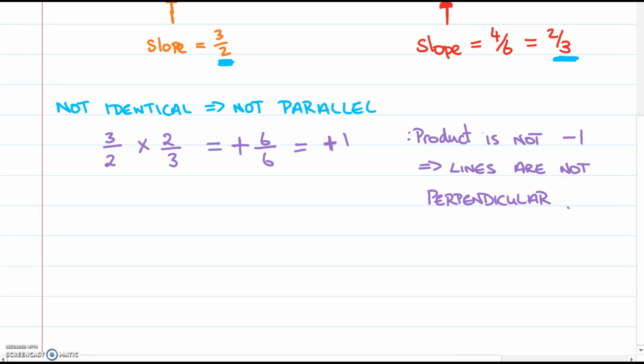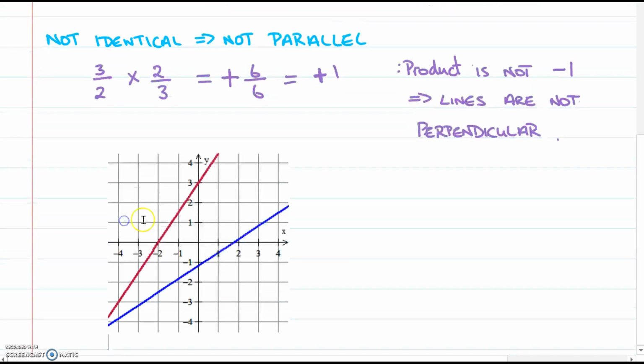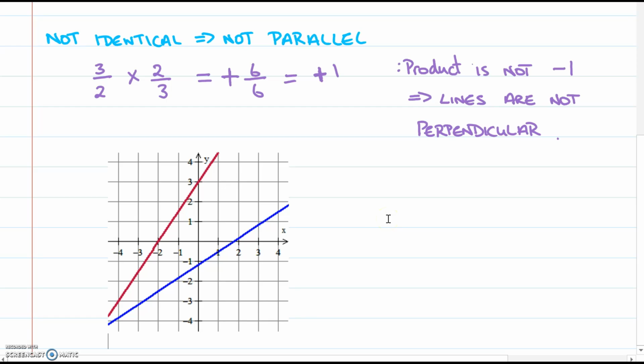Just to demonstrate that, I've drawn these two lines and I'll paste them here. Their slopes definitely do not give you a minus 1 product, because they're neither parallel nor perpendicular. They're going to meet somewhere down here, and it's not going to be at a right angle.